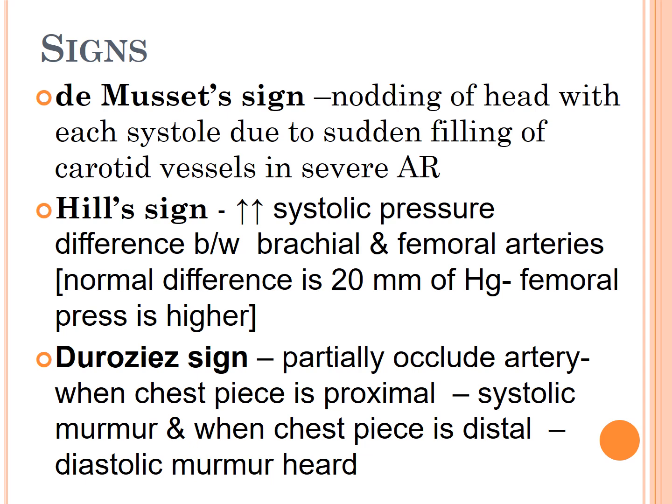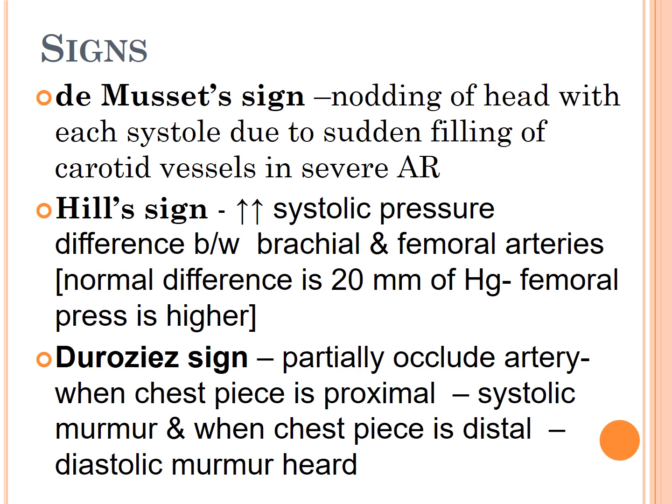Normally the difference is 20 millimeters of mercury, femoral pressure being higher. In Hill sign, this increases more. And de Rose's sign: if you partially occlude an artery and then listen with the chest piece of your stethoscope, if you place the chest piece on the proximal part of that partially occluded artery, you get a systolic murmur.